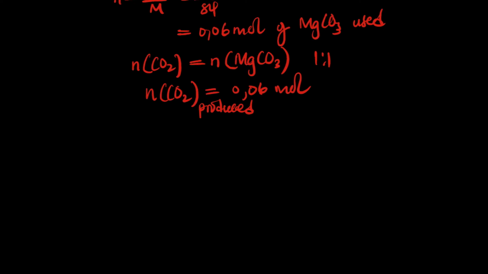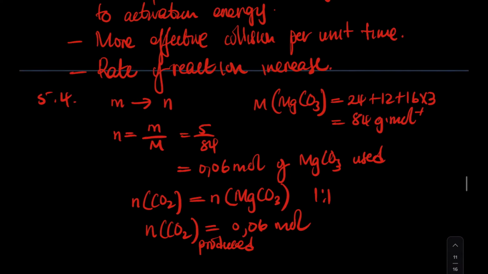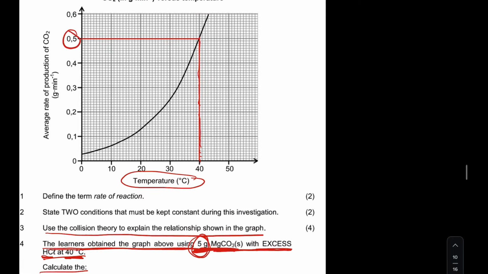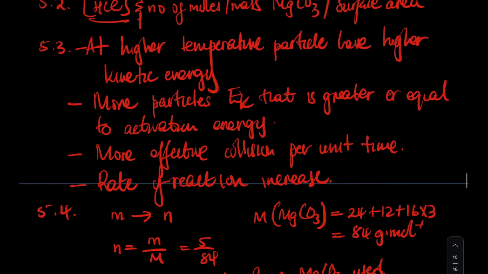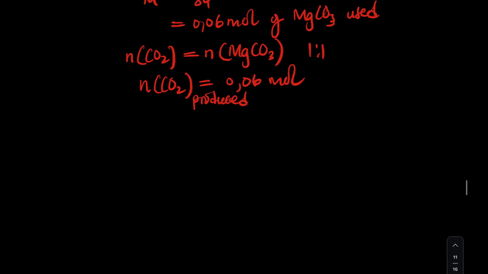So knowing the carbon dioxide produced there, it can help us, at the 40 degrees, to find what the time was for it to reach completion. So what are we going to do now? We are going to do the rate calculation.